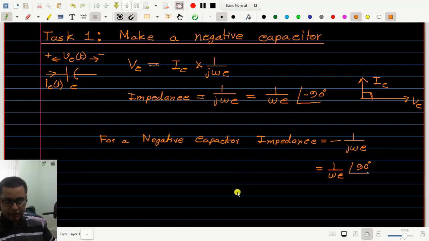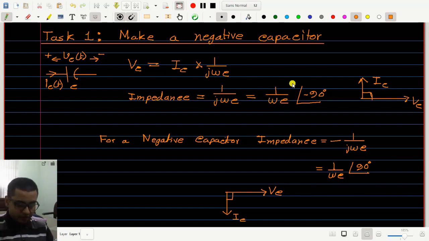So for a negative capacitor, if this is the voltage phasor, then current will lag the voltage by 90 degree. This is somewhat similar to an inductor where current lags the voltage by 90 degree, although the magnitude of the impedance is inversely proportional to the frequency, just like the normal capacitor.